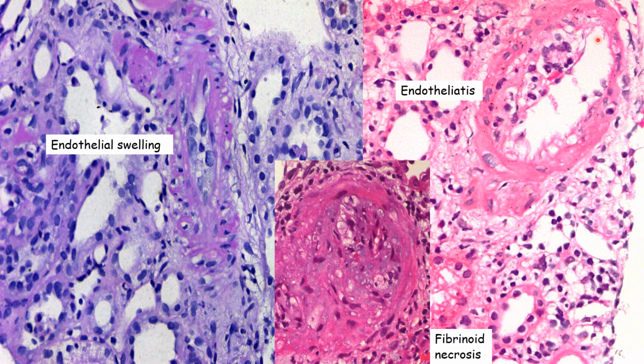Some other vessels will show you the lymphocytes present below the endothelial cells, forming endothelitis lesions. Hence, it is important to remember that the vascular component may be seen in both T-cell mediated rejection and humoral rejection.